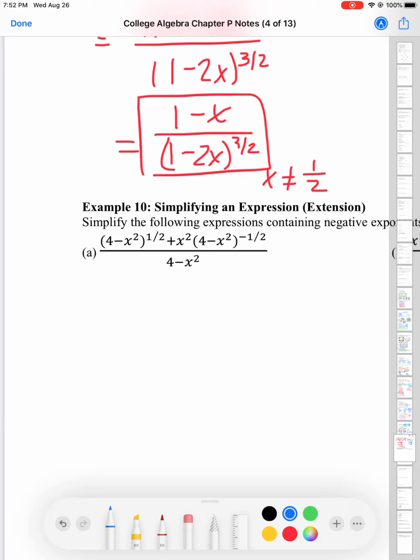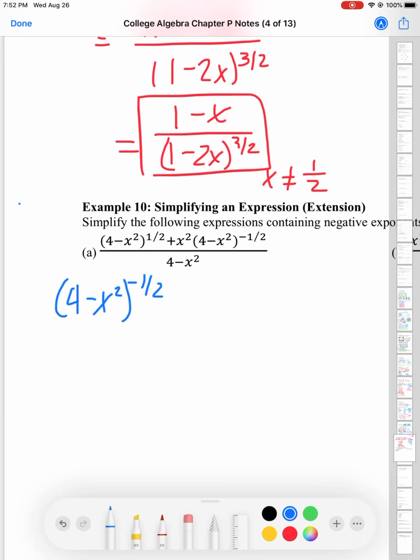So now we can use it to simplify, and we do this in calculus a lot. You're going to factor out on the top first. So we have (4 minus x squared) to the -1/2.